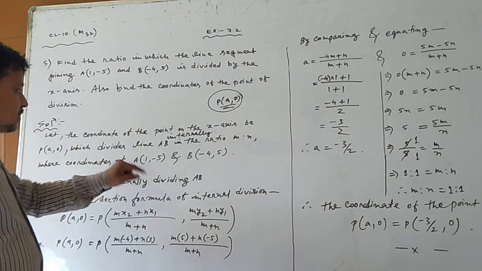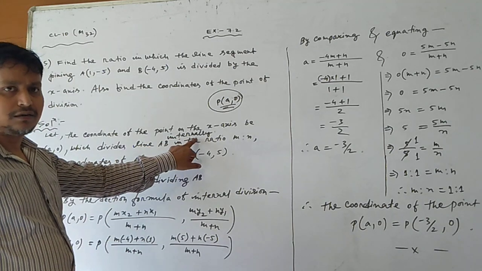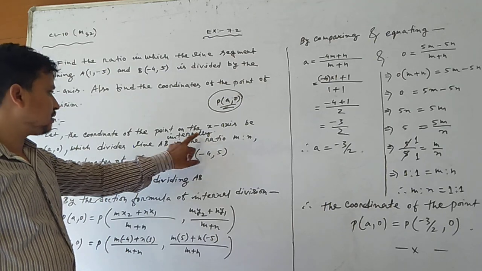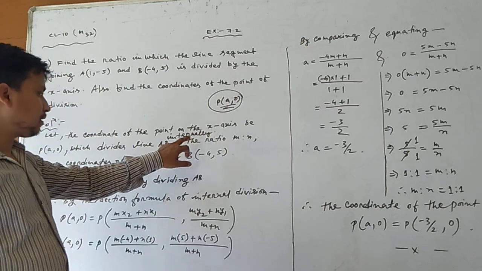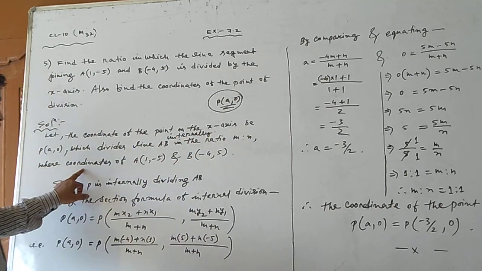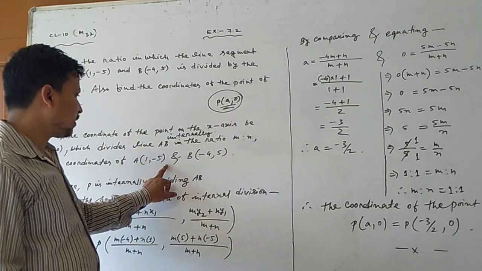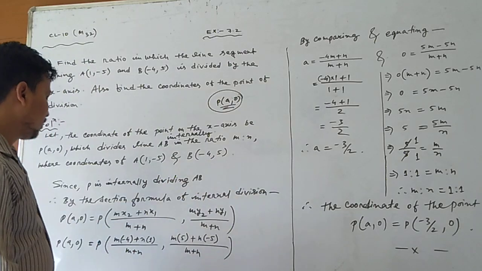Since P is internally dividing AB, you can mention it like this. In the notes I think this word "internally" is not written, which is given in the WhatsApp group solution, so you write that down there.